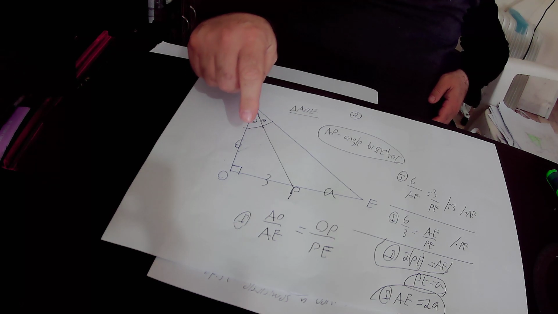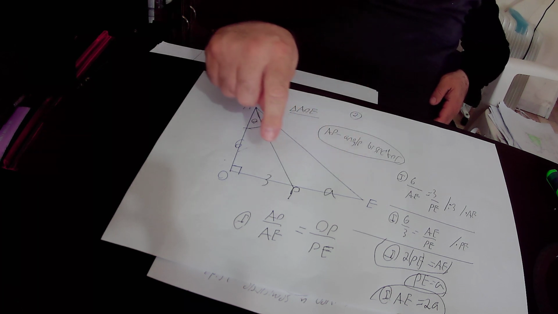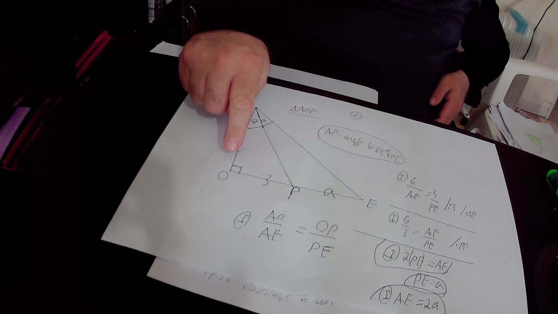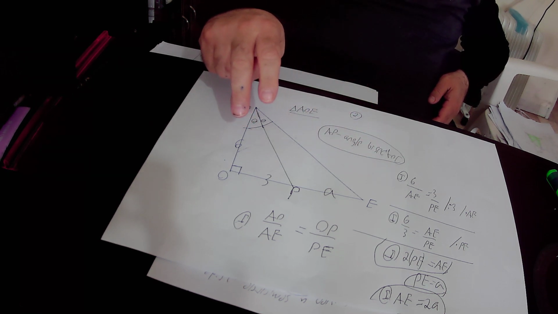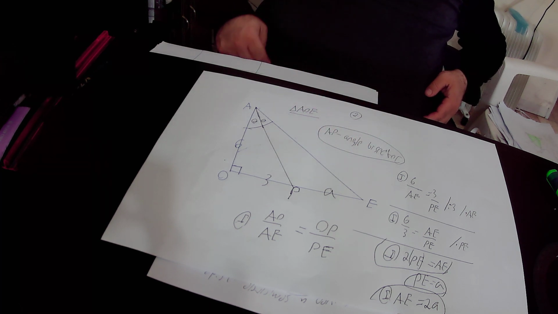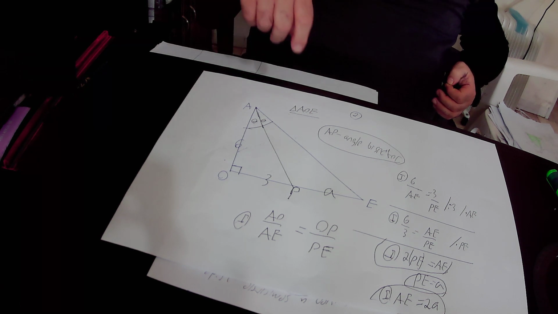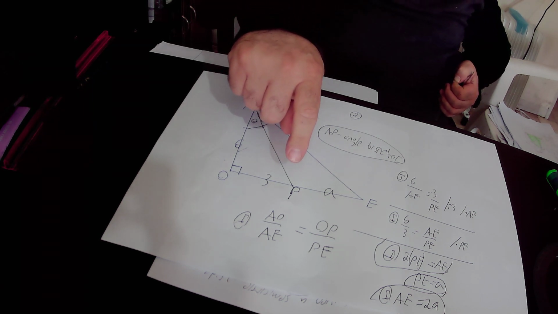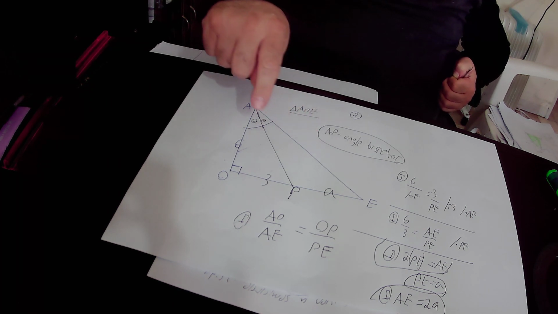We are talking about the angle that has been bisected, that is angle OAE. The legs of the angle that has been bisected are OA and AE. The ratio between those two legs is OA over AE, and it is equal to the ratio in which angle bisector AP divides side OE.